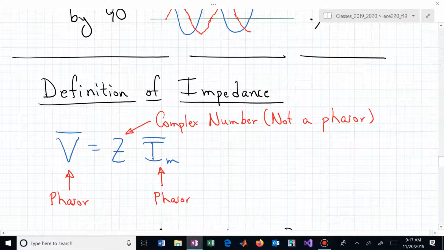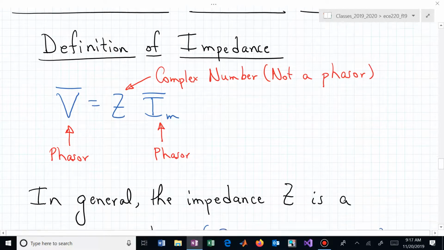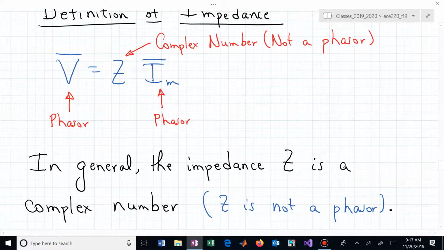And now, depending on what we're measuring our voltage with respect to, Z is a complex number. And Z is our impedance, and it's not a phasor. Our currents and voltages are oscillating, and those are the barred quantities.